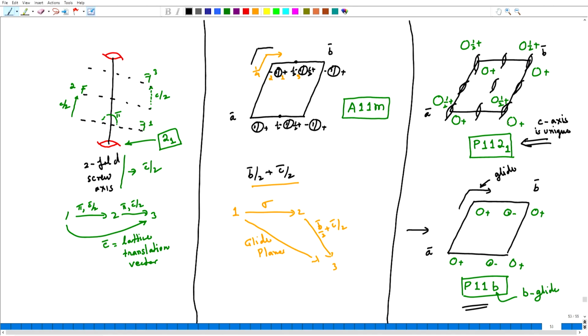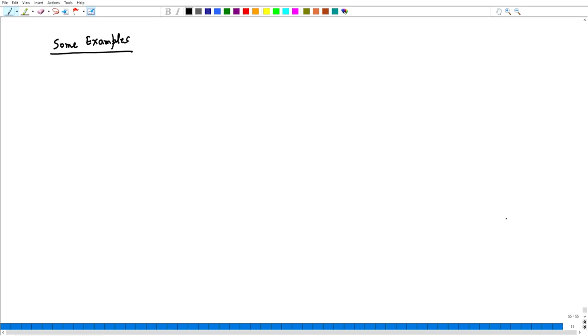Now, a lot of times you will find that for these monoclinic based space groups, very often the B axis is chosen as the unique axis. If this was the case, so if I assume this is the same, I get P112 sub 1 when the C axis is the unique axis.